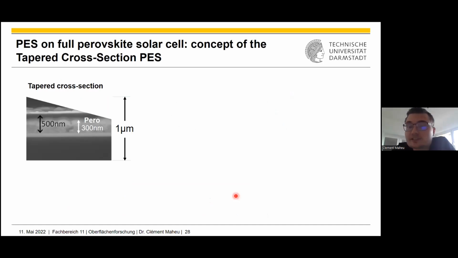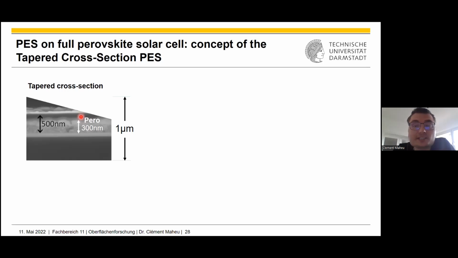So for that, we developed a third methodology inside our group, which is called tapered cross-section photoelectron spectroscopy. I told you that the normal cross-section was too small, or let's say the lateral resolution of our machine was too high for a normal cross-section of your device. The idea is to create a tapered or tilted cross-section in order to convert this 1 micrometer cross-section into a several millimeter cross-section.